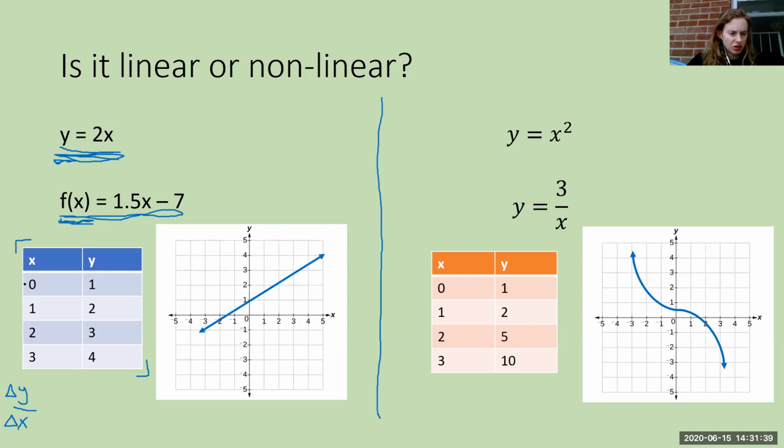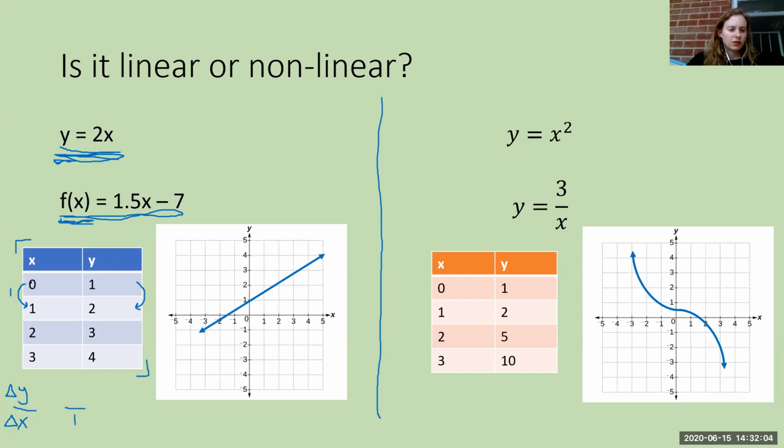let's take a look at the change that happens when we move from 0 to 1. So how much are we increasing or decreasing by when we do that? When we go from 0 to 1, we're increasing by 1. So in that instance, the change in x would be 1. Now what about when we go from 1 to 2 in the y column?